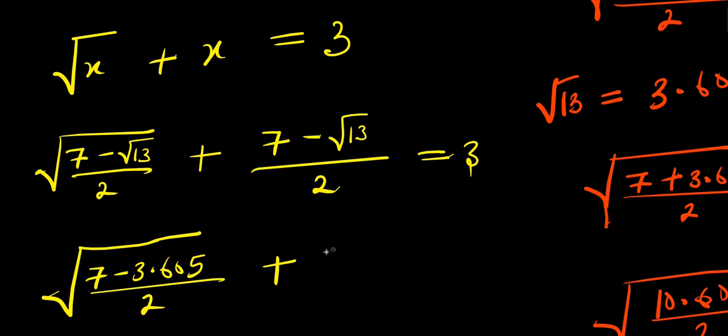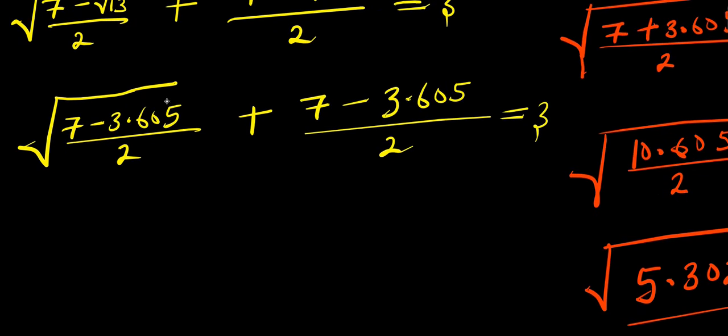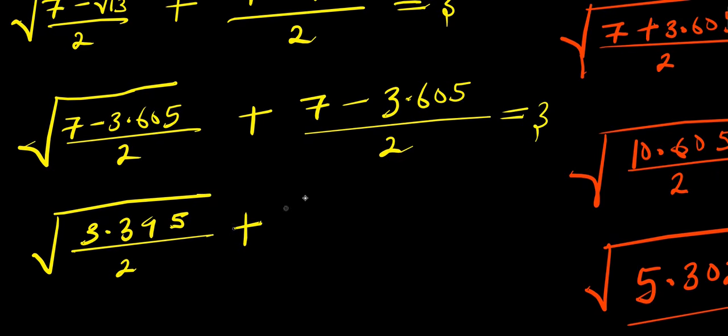Then we have plus 7 minus 3.605 divided by 2 equals 3. So let's subtract this from 7. This gives us square root of 3.395 divided by 2, plus 3.395 divided by 2, equals 3.